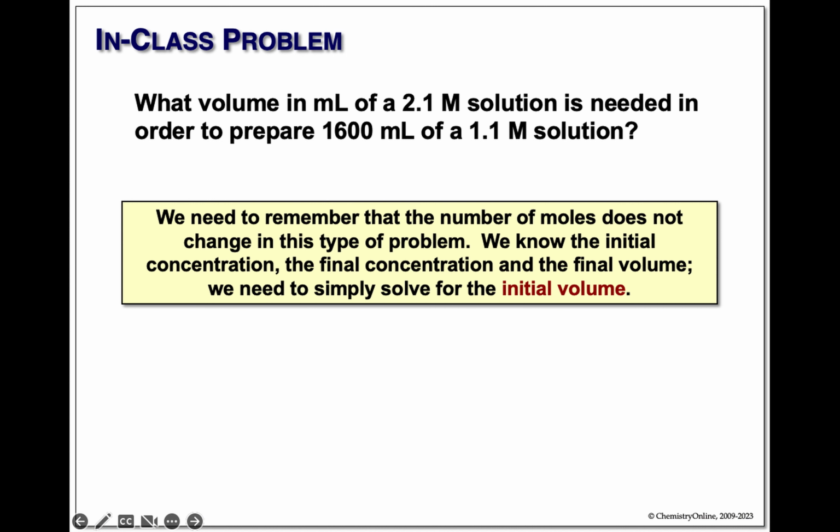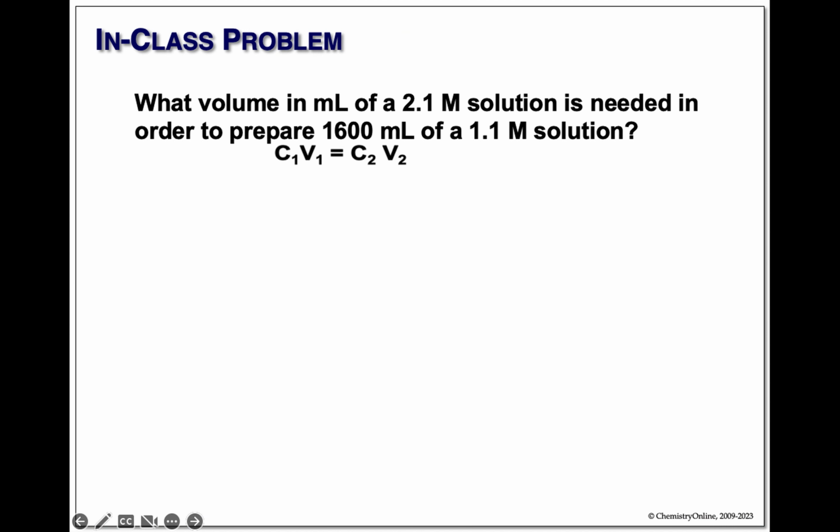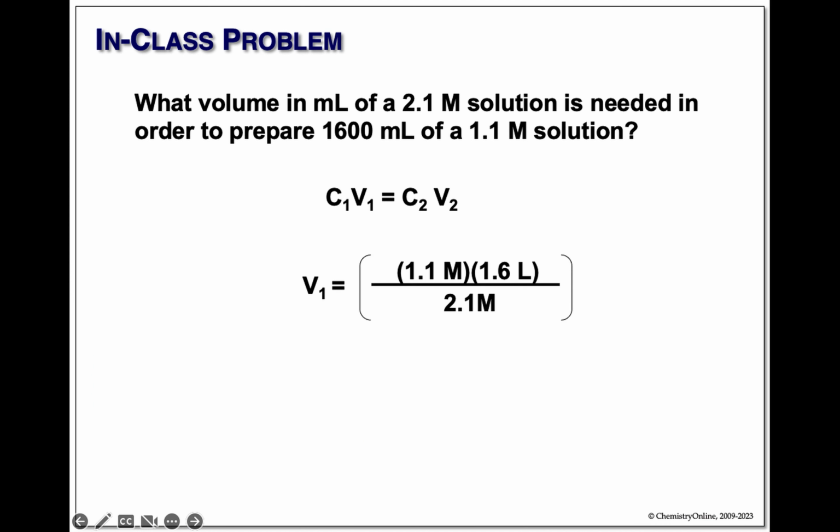All we have to do is solve for the initial volume. Concentration times volume, we're solving for V1. That's C2, V2, and that's C1. Moles cancel. 0.84 liters or 840 milliliters. The problems, dilution problems, are basically simple.